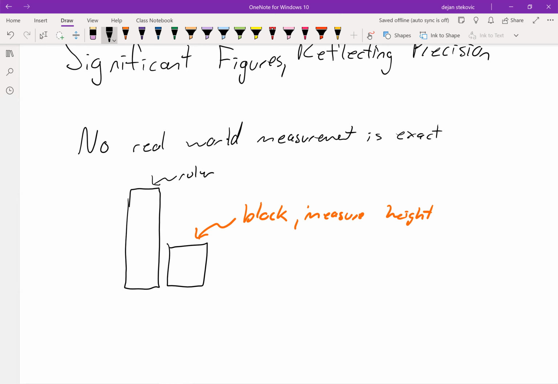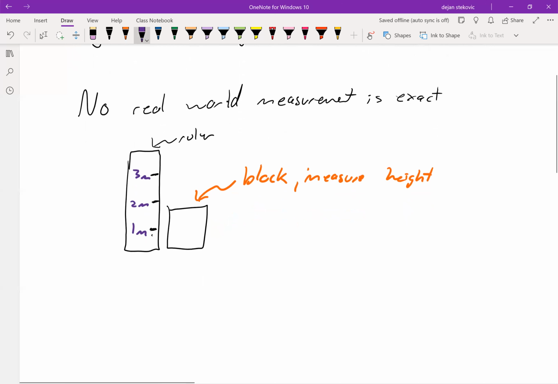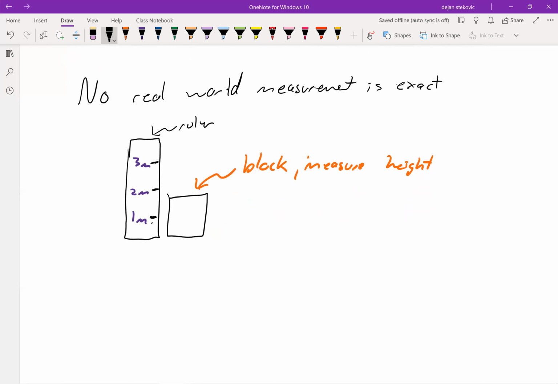I'm just going to put 4 marks by it. Call this 1 meter, 2 meters, and then 3 meters. Meters are just a unit of measurement, same like a foot, essentially, if you're not sure what a meter is. Anyway, we're going to try to measure how tall this block is.